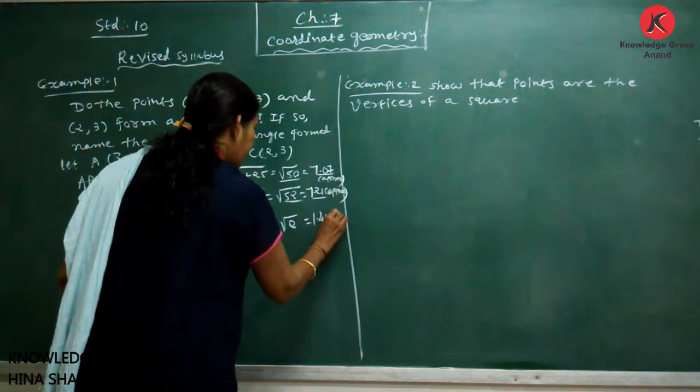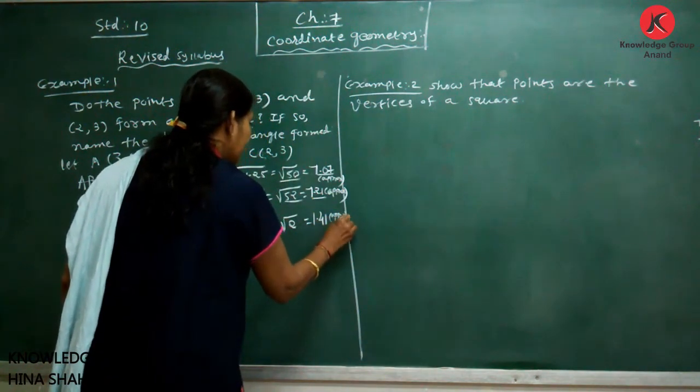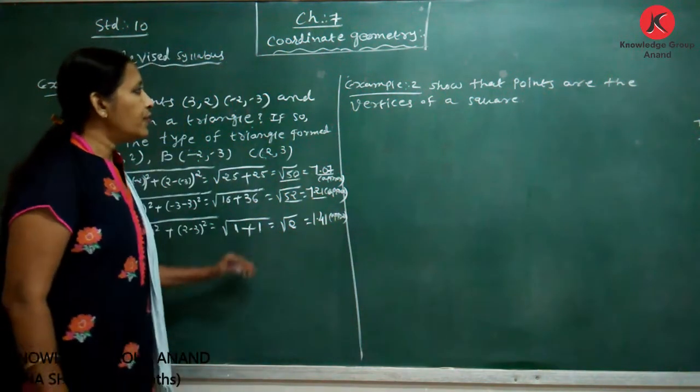We know root 3 is equal to 1.73 and root 2 is equal to 1.41.